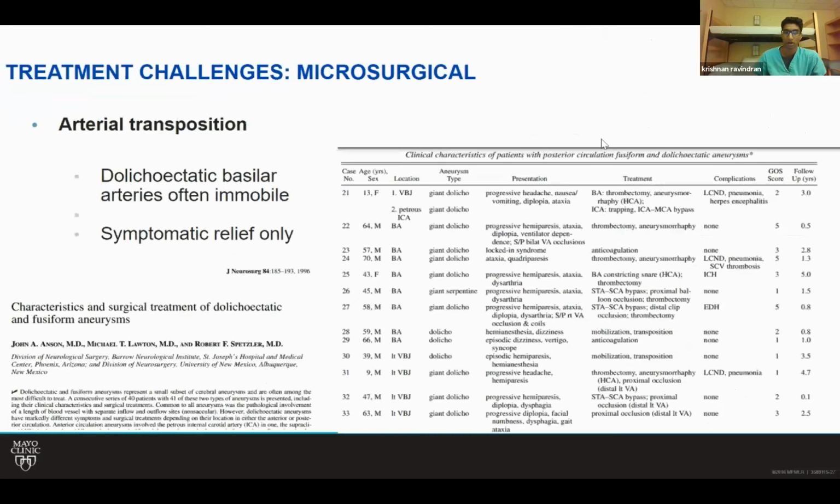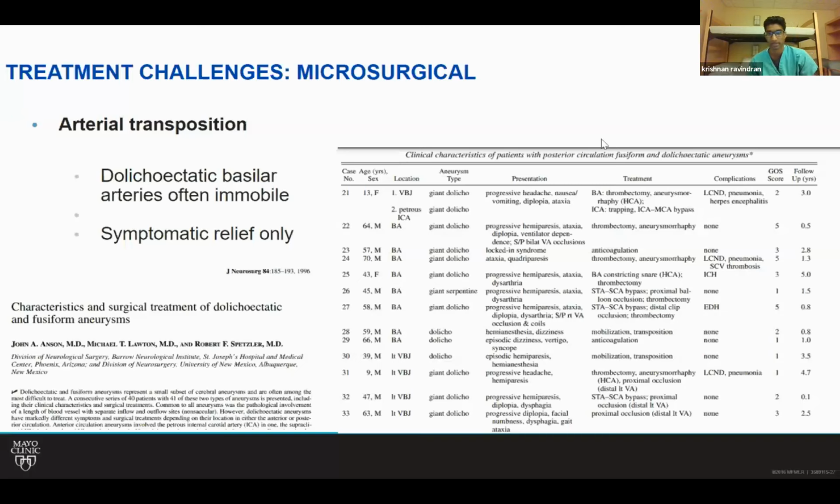The other microsurgical option that garnered substantial attention in the late 90s was arterial transposition. This was to relieve some of the mass effect on the lower cranial nerves. This is Dr. Spetzler's series from the late 90s. He comprised a series of just under 40 posterior circulation fusiform aneurysms, of which 11 ended up being pure dolichoectatic.